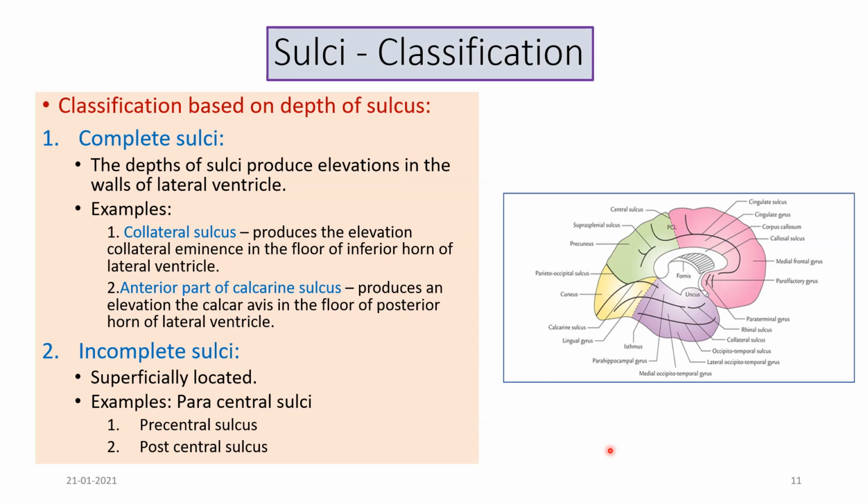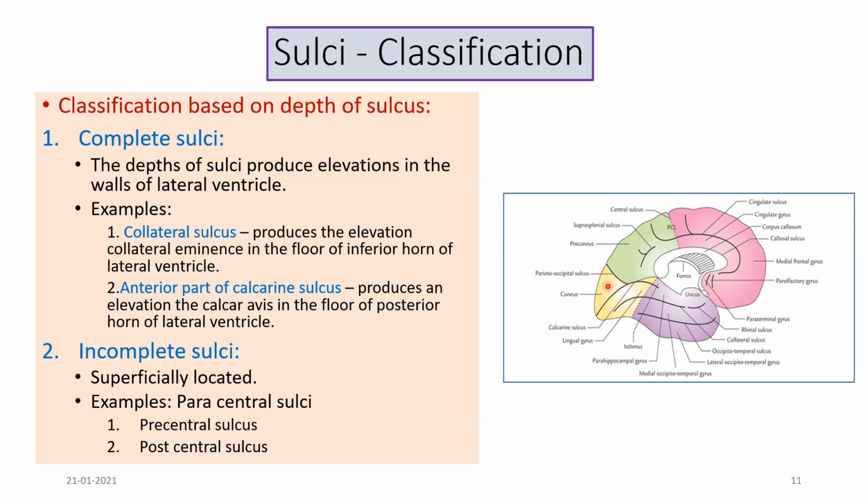Then coming to the posterior part of calcarine sulcus, which you can see in this picture. So this posterior part of calcarine sulcus is growing along the visual area, and this is between the cuneus we are seeing above and the lingual gyrus below.